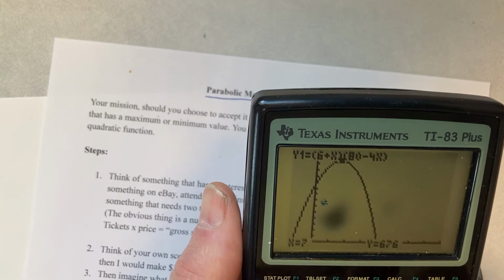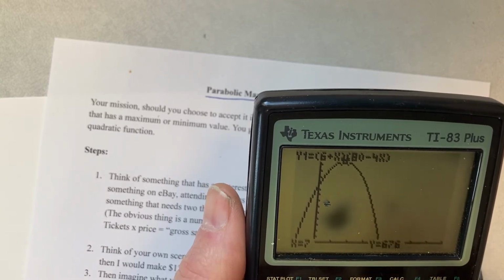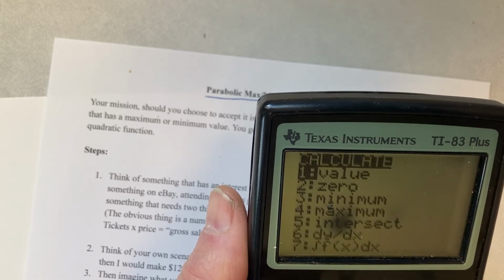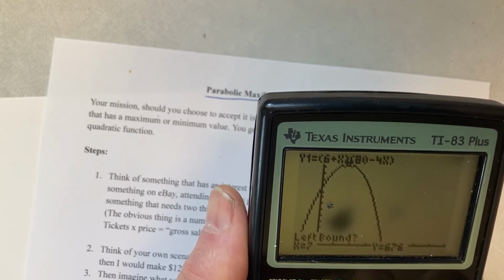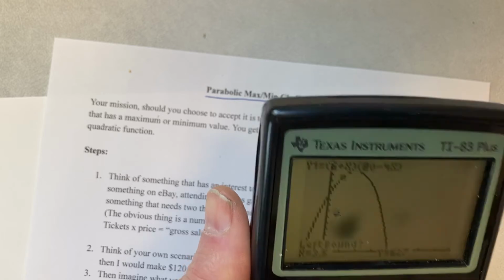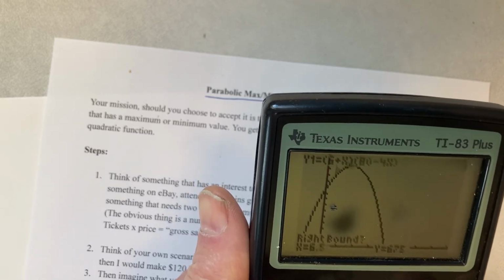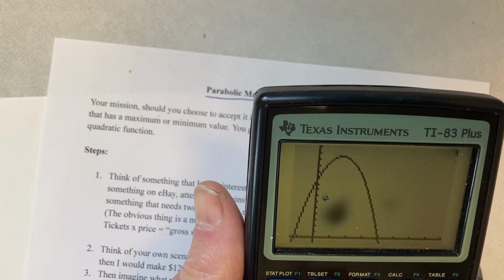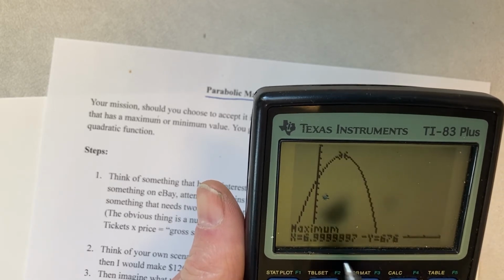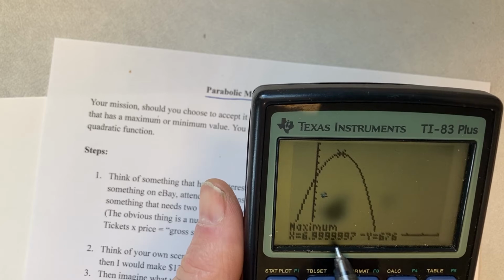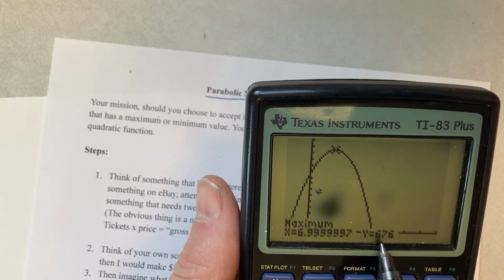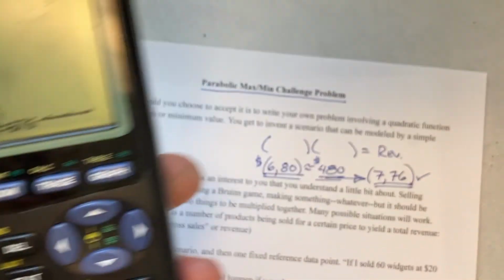I can also find that using the calculator by going second and trace, which will get me the maximum finder. And all I need to do is be a little bit to the left, hit enter, go a little bit to the right, anywhere to the right of my maximum, hit enter a third time, and it will tell me that it's 6.9999. That's the calculator round off error, but yes, it's 7, and I get $676.